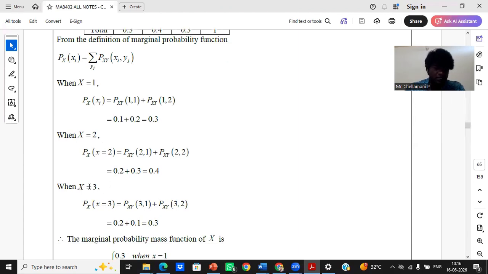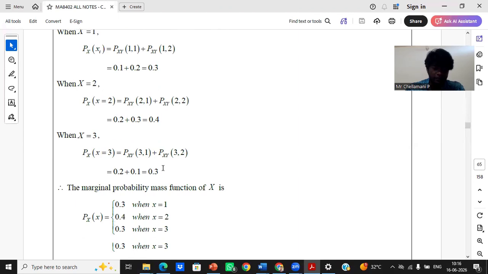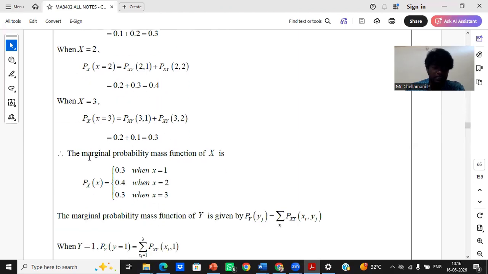Next, we fix the x value 3, and we will get the value 0.3. So the final answer is the marginal probability mass function of x: p of x is equal to 0.3 when x is equal to 1, 0.4 when x is equal to 2, and 0.3 when x is equal to 3.